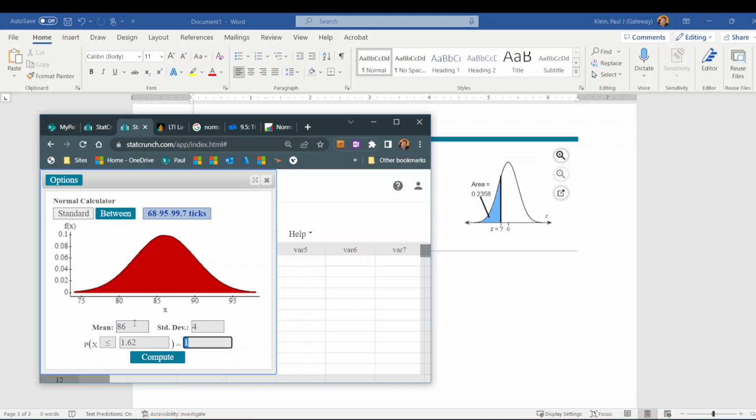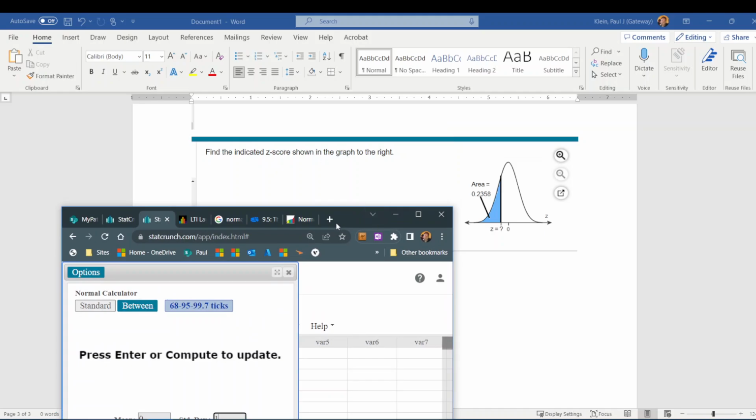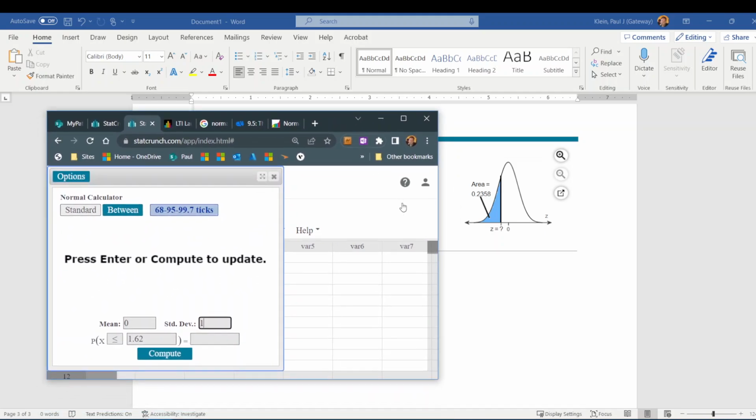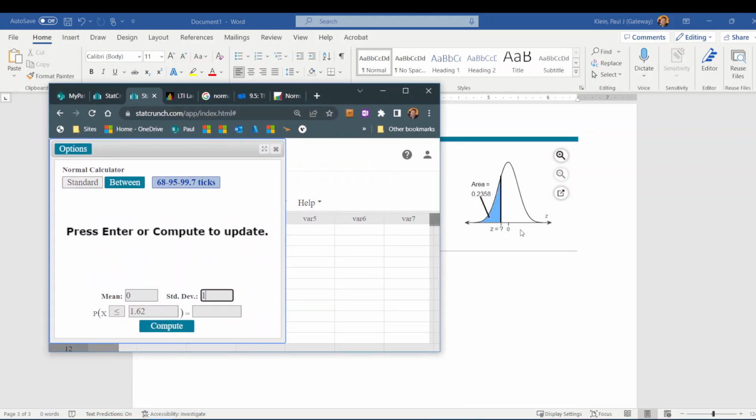It's z, so we're going to put a 0 and a 1 because it's standard normal. It doesn't say that in the problem, but it does say z. And then it says find the z-score, which is the boundary, which is right here. So we don't know what that is, but it does give us the area.